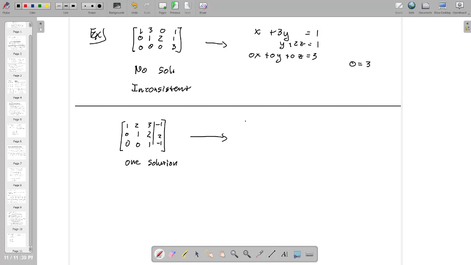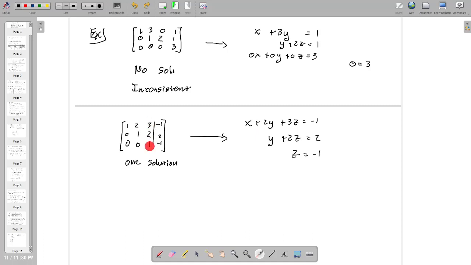So this would be x plus 2y plus 3z is equal to negative 1, y plus 2z is equal to 2, and z is equal to negative 1. I know what z is, so I can solve for y. Once I know what y and z are, I can solve for x.